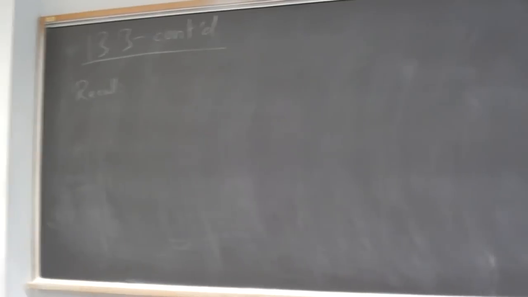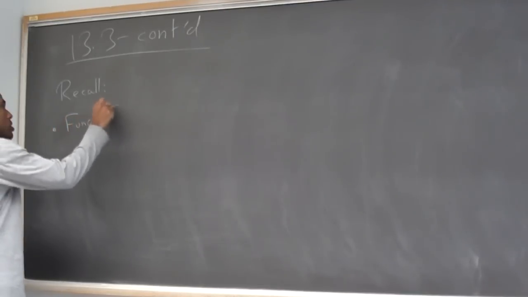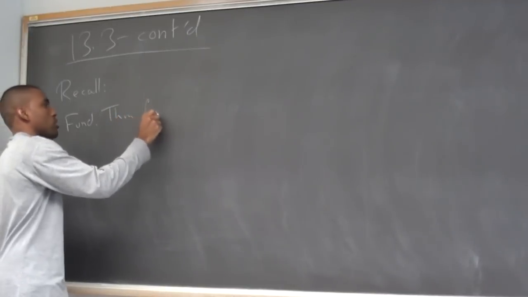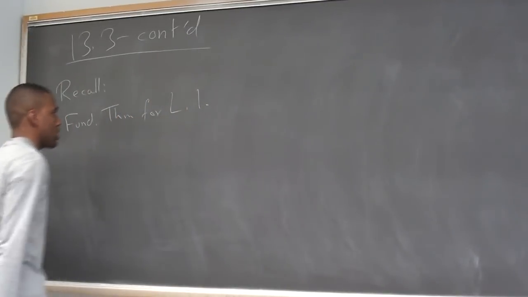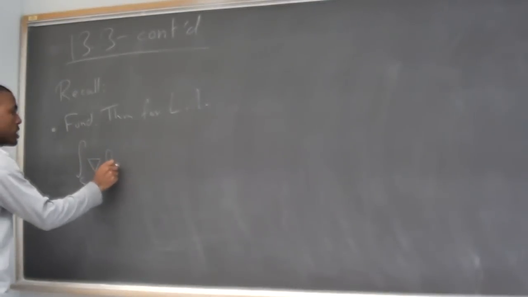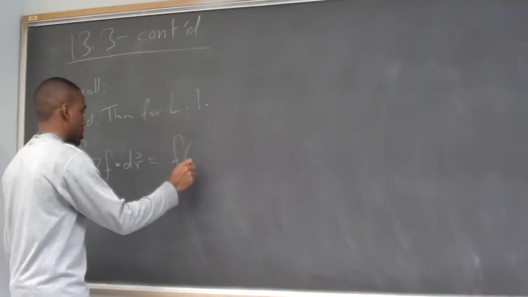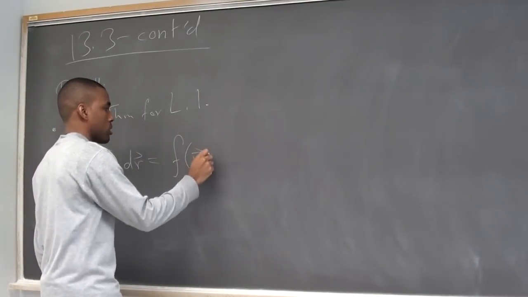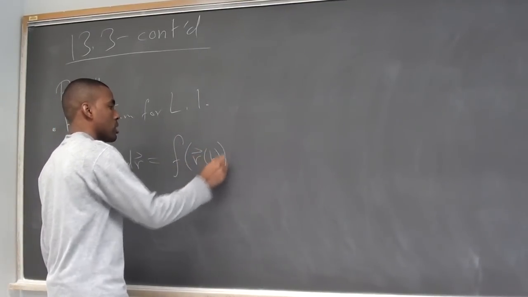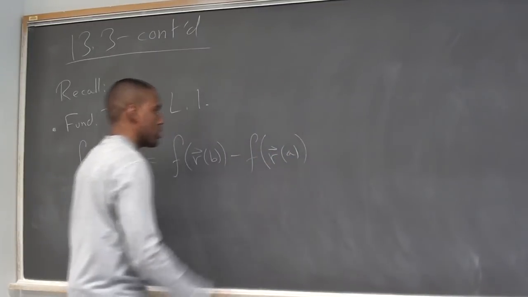We spoke about the fundamental theorem for line integrals, right? And that basically said that the integral along C of a gradient function, dr, is equal to the original function evaluated at the last endpoint minus the function evaluated at the first endpoint, right?